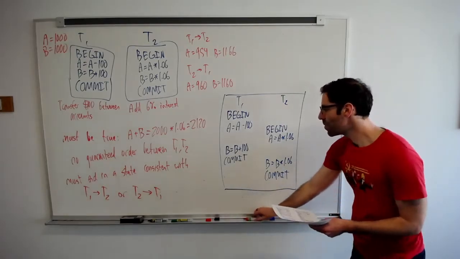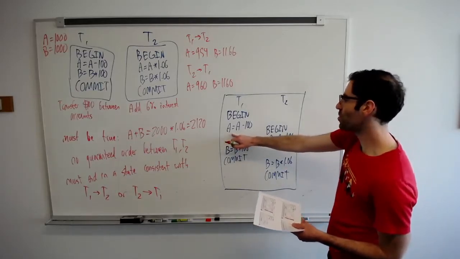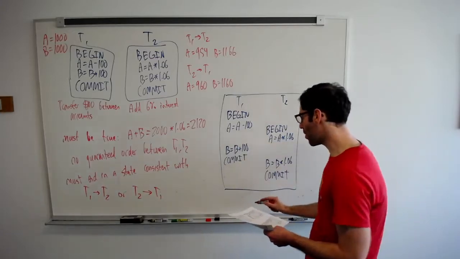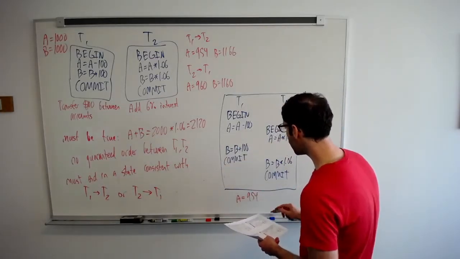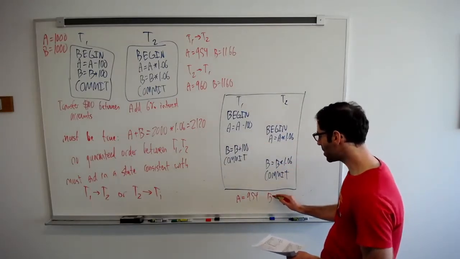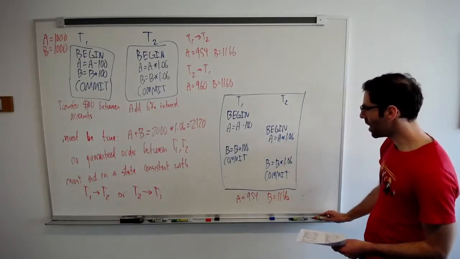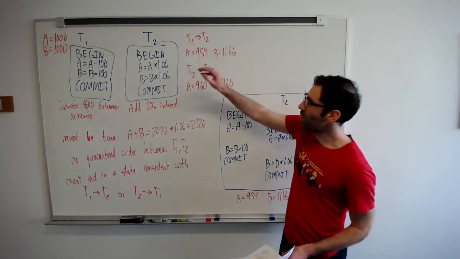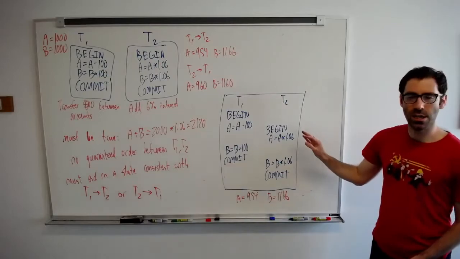And when we execute this, we're going to subtract, A is going to be 900, then we'll add 6%, and so A will be 954. We'll add 100 to B and then do its 6%, so it will be 1166. And so this is like the world where we did all of T1 first and then all of T2, even though that's not what actually happened.